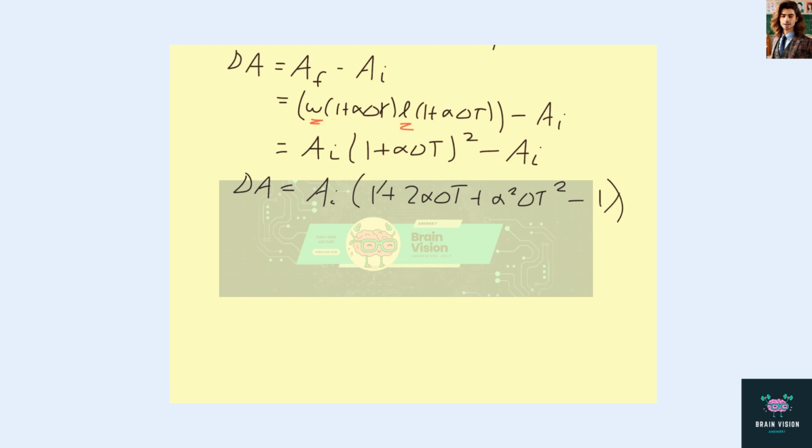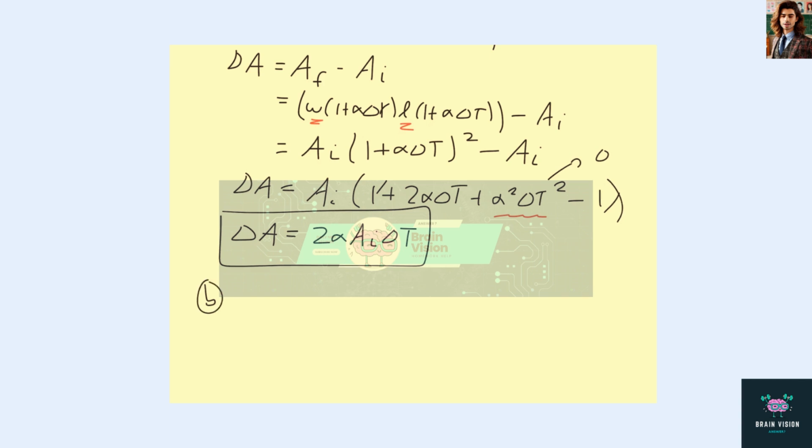Notice the ones will cancel, and we're going to make the assumption with this, which is actually kind of for part B, but I'm going to say right now that this goes to 0, and I'll explain why in part B. So we're left with delta A is equal to 2 alpha initial area delta T, our desired equation.